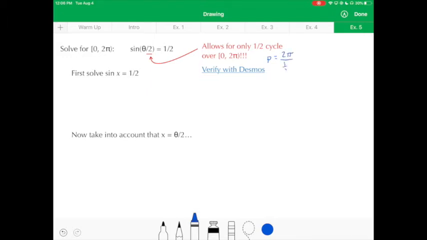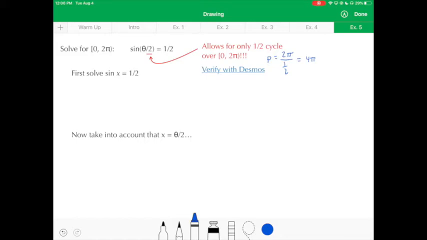If I divide that by this b value from the argument of 1/2, that gives me 4 pi. So you're only seeing half of one cycle or half of one period over the interval that we're trying to solve for, 0 to 2 pi. That means we'll probably have less solutions than we did in the last example, okay?